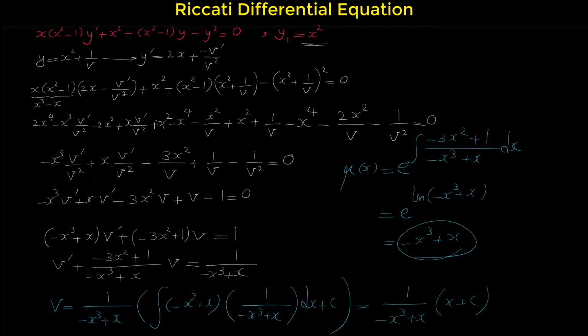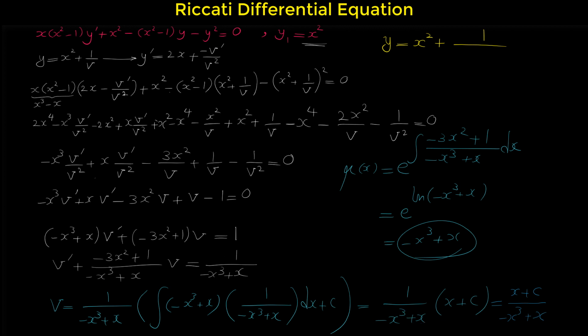Now, if we want to find the general solution, if we use our substitution for finding y, we can write our answer as y equals x squared plus 1 over this. Note that we can write this as x plus c in the numerator and this in the denominator.